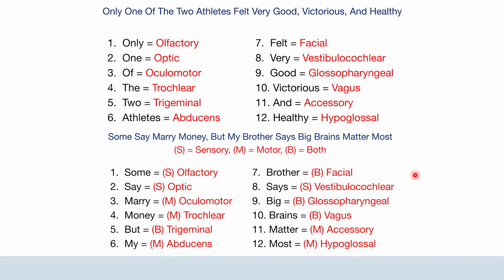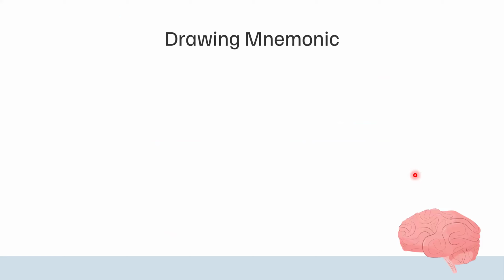However, the one mnemonic that I did actually use was this one, which I will be showing you guys. It is where you draw out everything. You start off with number one, which is going to be the nose. And then after number one, we have our eyes. So we have two eyes.